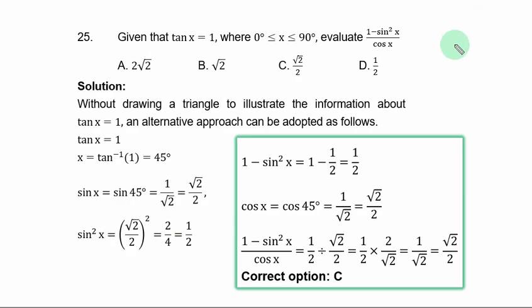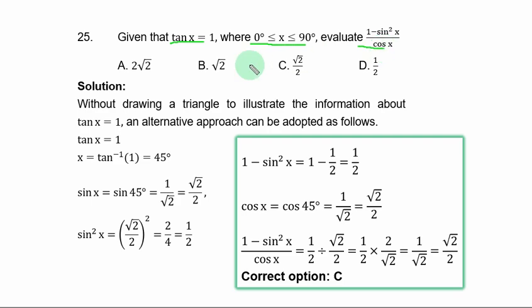Question 25. Given that tan s is equal to 1, where 0 degrees is less than or equal to s less than or equal to 90 degrees, evaluate 1 minus sine squared s over cos s. Solution.